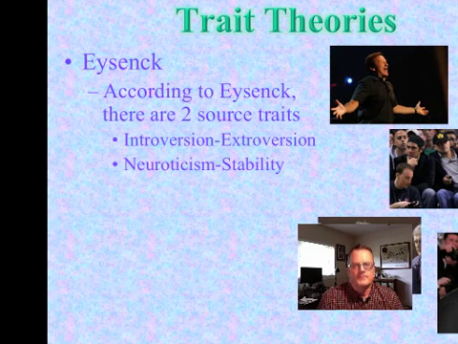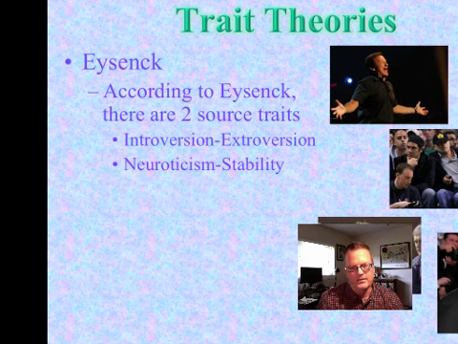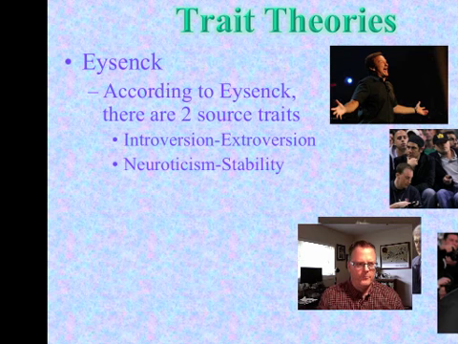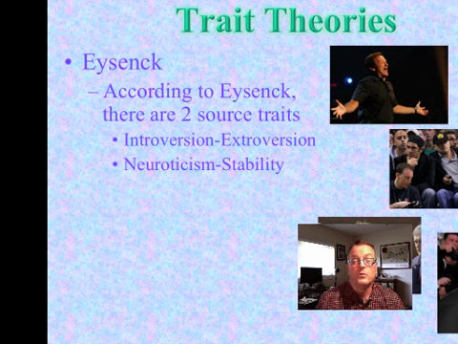Neuroticism and stability. This is also called instability and stability. Neuroticism refers to a type of anxiety disorder. And in general, Eysenck uses it to denote that someone who's not stable, who's close to a crisis.